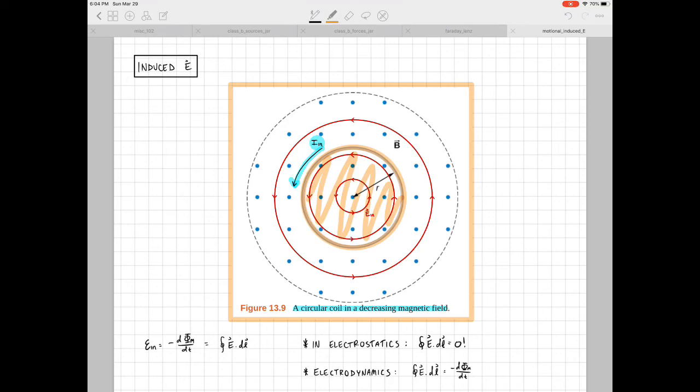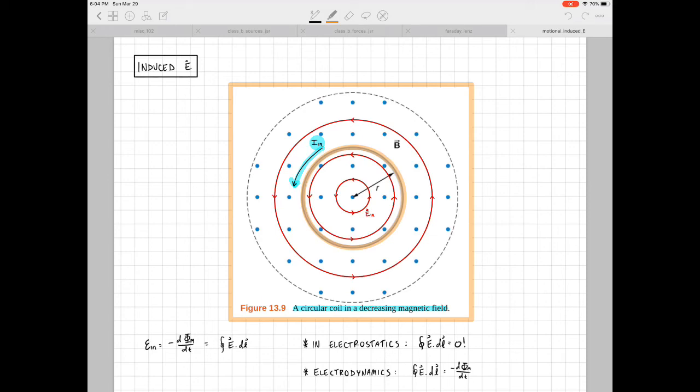So the flux is changing, that means there's an induced current, and the induced current in the loop has to be in the direction so that the B field that's produced opposes that change in flux inside the loop. So we've got an external B field coming out of the page, but it's getting weaker.